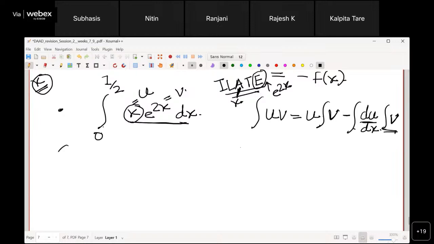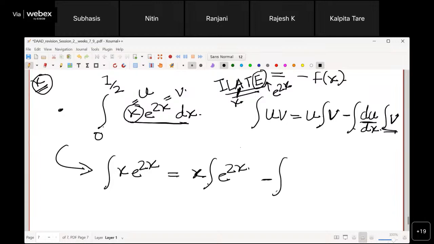So first find the integral. Let me take x e power 2x. It's u, that is x, times e power 2x, minus the derivative of u, that is dx by dx, which is 1, and then we need to take the integration of e power 2x dx, right?